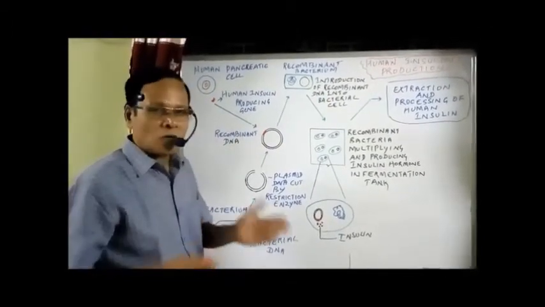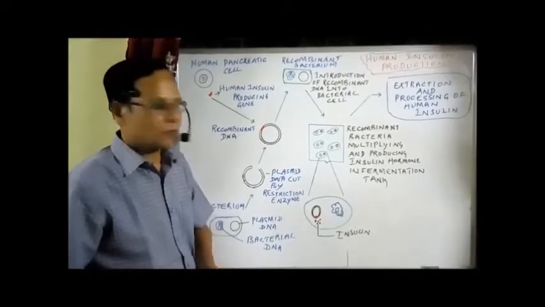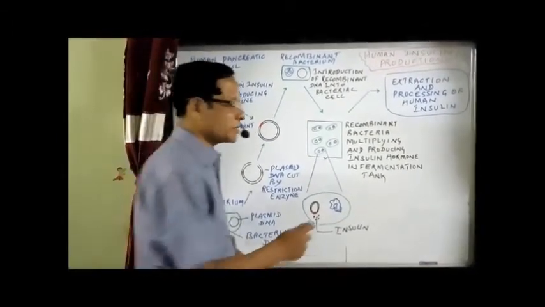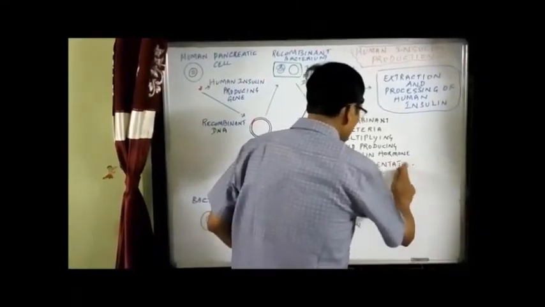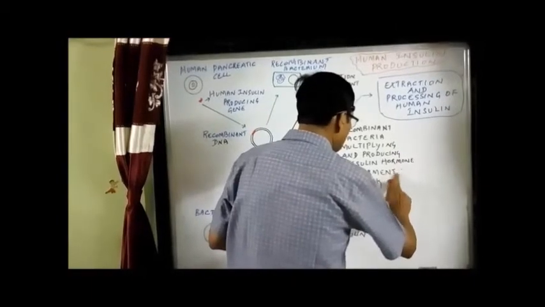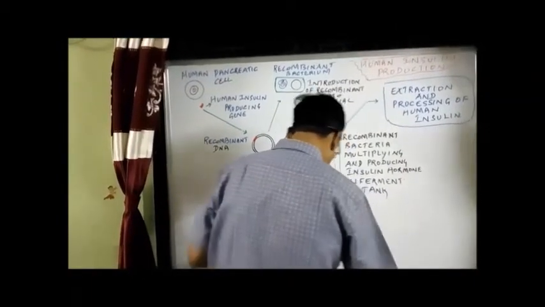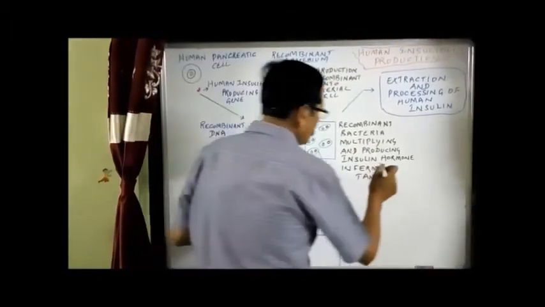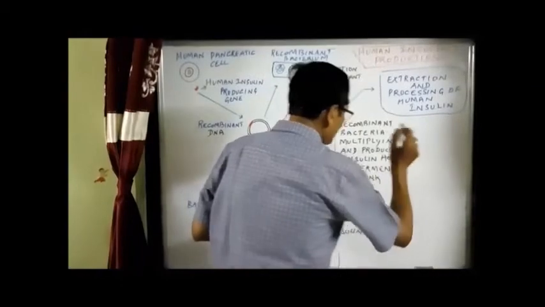We need large-scale insulin production, and for that we need a fermenter. I mentioned already that fermentation is a process and a fermenter is a large vessel where a large biomass can be produced. Here the product is nothing but the insulin hormone.